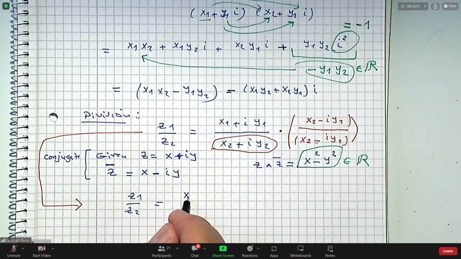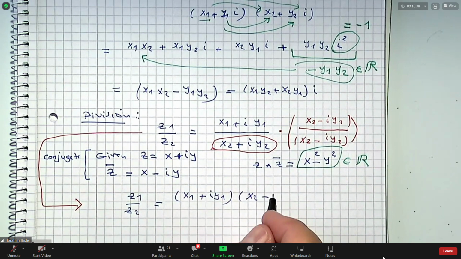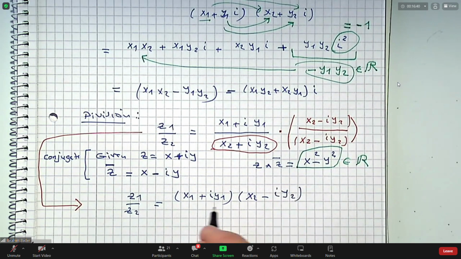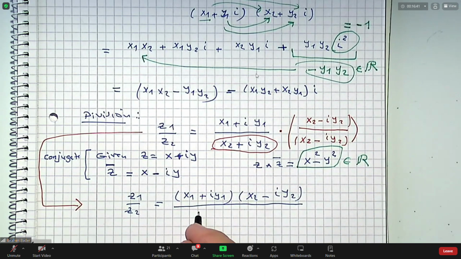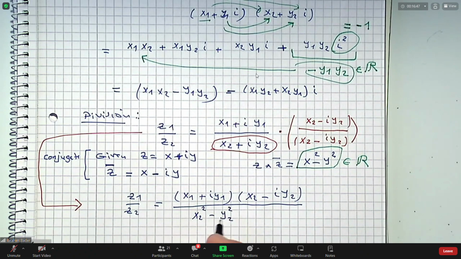Here I will have x1 plus i y1 times x2 minus i y2, and then in the denominator I just have x2 squared plus y2 squared, because I'm just multiplying with the conjugate. This is a very elegant way to get rid of the i in the denominator. And of course, you can multiply this out and so on. Okay, so this is, I think, all the theory.